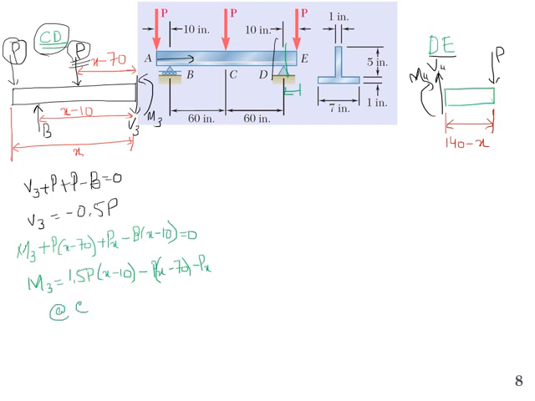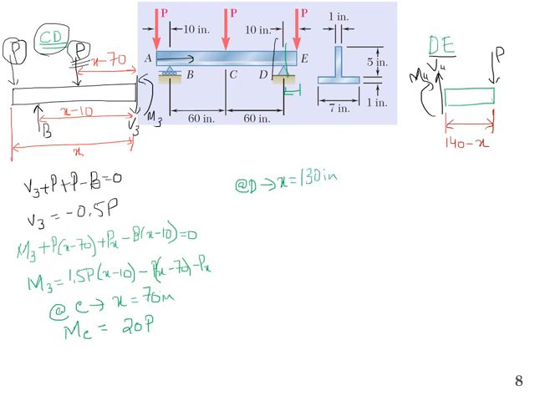Now at C we have x equal to 70 inch. So if you put the value, it will come back to MC, and we already calculated the value of MC, that was 20 times P. Now if you put at D, x will be 70 plus 60, so that is 130 inch.